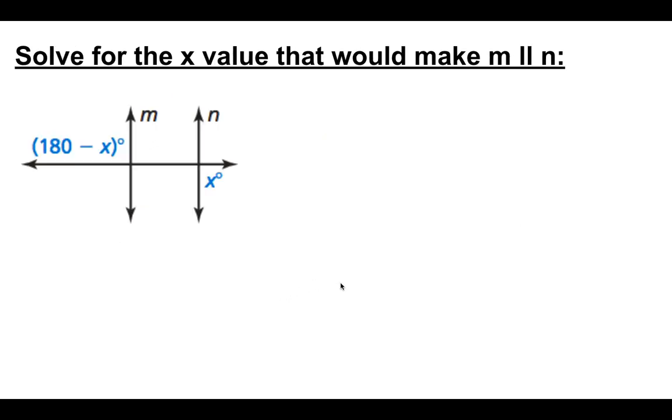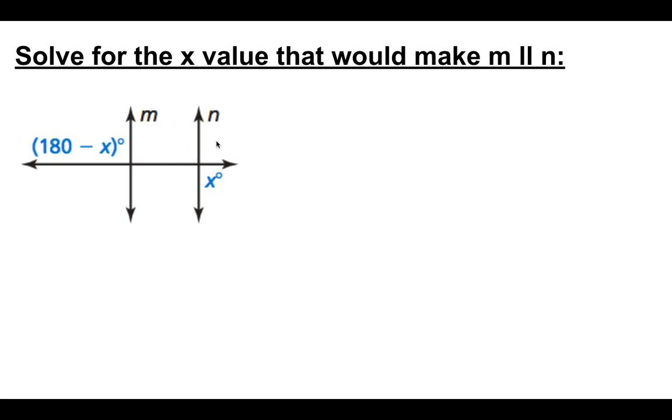And then we want to solve for the value of x that would make m and n parallel to one another. So I'm going to look at line m and line n, and at these two angles that are given. Do they lie inside or outside of those two lines? We don't know yet if they're parallel. They lie outside, so you should be thinking of the term exterior.